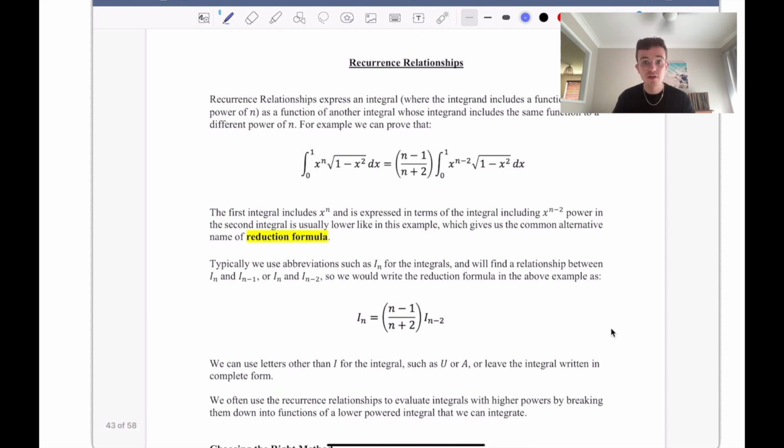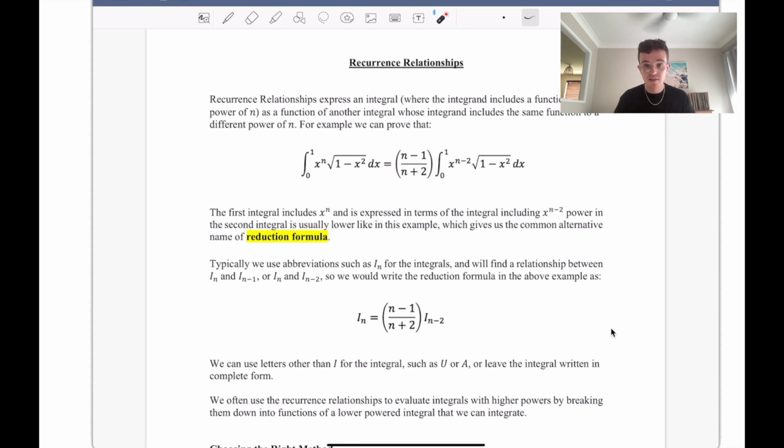What you'll more commonly see, though, is what we call a reduction formula, which is kind of reducing the integral into something that's a bit easier to work with. So this integral here is the same as that integral there, except the power of n is now n minus 2. So we could say it's this kind of coefficient times the original integral, but with n minus 2.